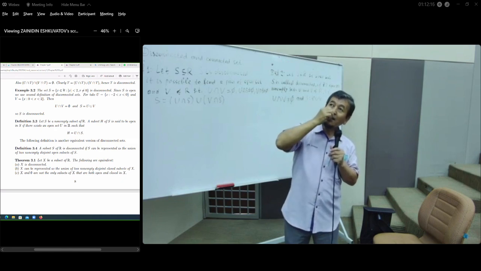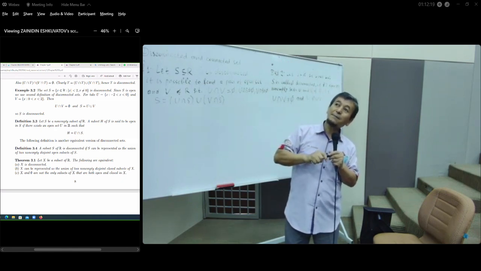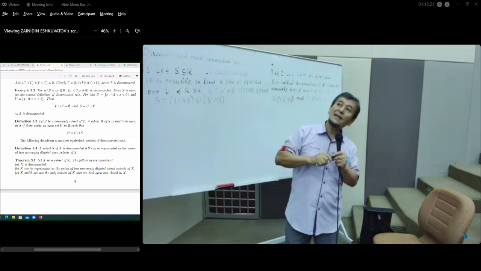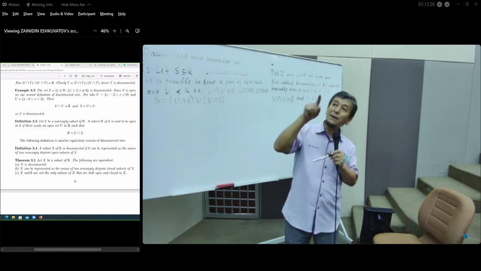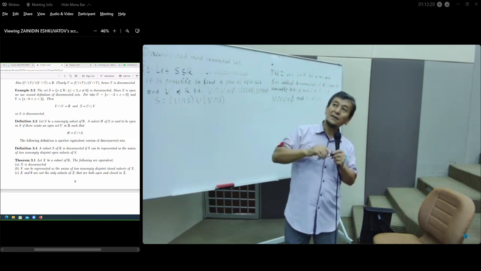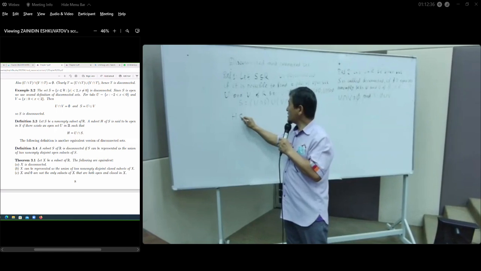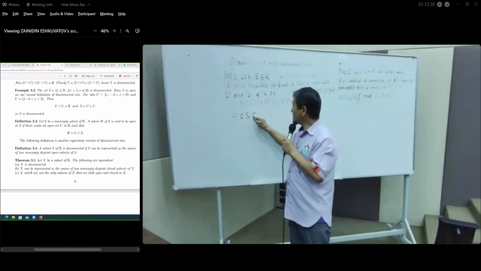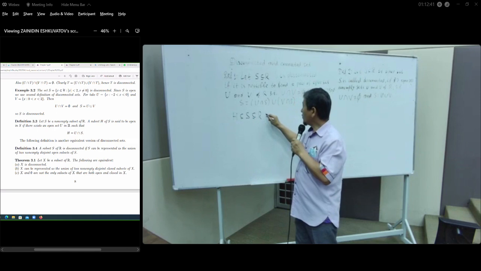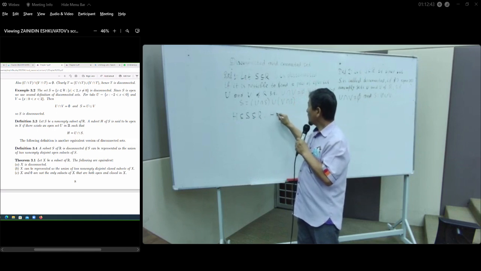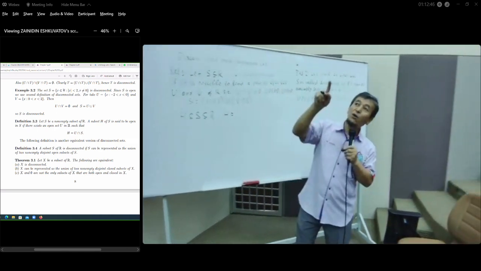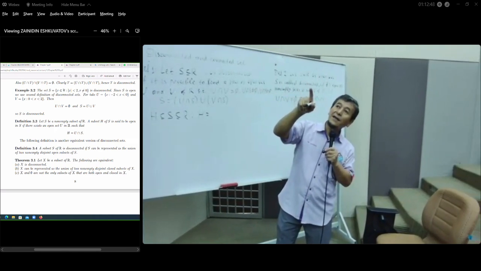It is said that a subset H of S, where S is a non-empty subset of R, is said to be open if there exists an open set U in R.